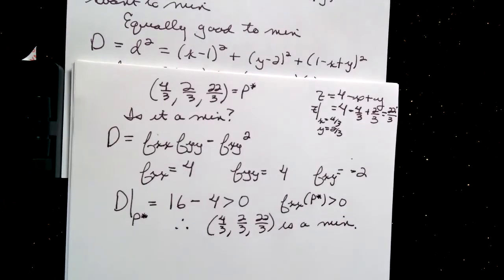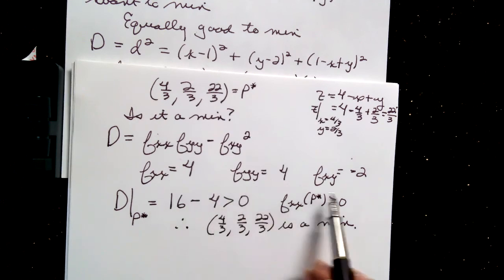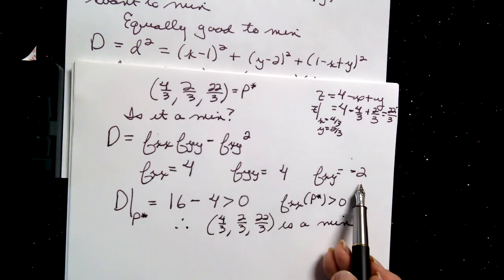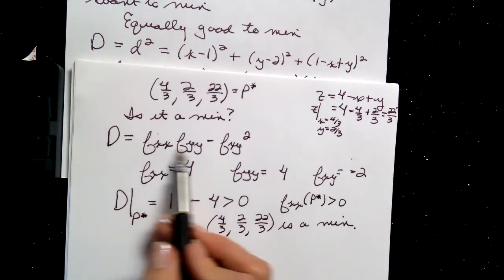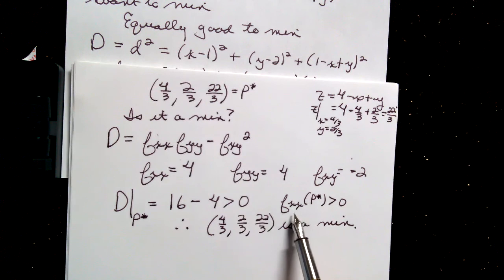Whoops, okay, so sorry, I ended up writing off the screen. But fxx is 4, fyy is 4, fxy is minus 2. So when you compute this for those values, you get a positive number. That's all you care about. You don't care about the exact number. And remember, you have to check the sign of the second derivative with respect to x at the point you're interested in, at the critical point.